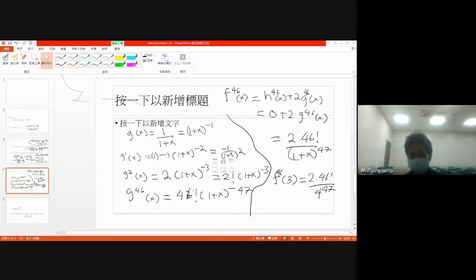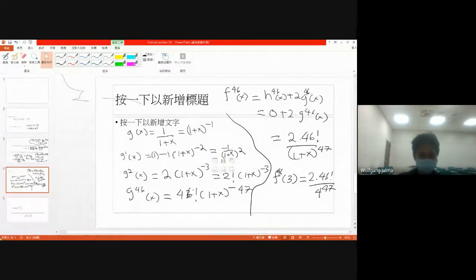But why is the 46th derivative of h 0? Because h is x to the power of 45. Sorry, let me show you something easier.